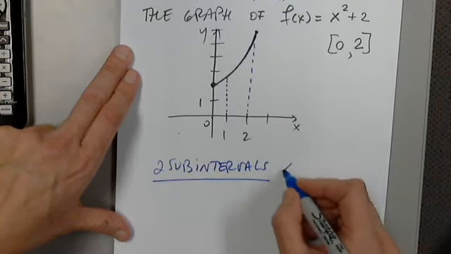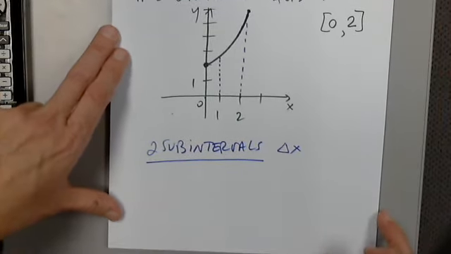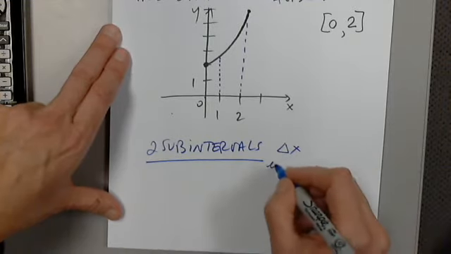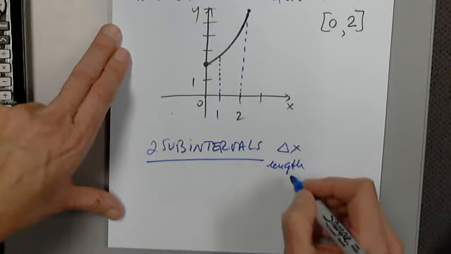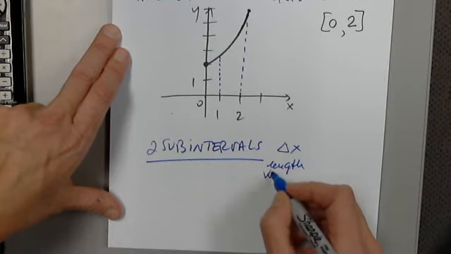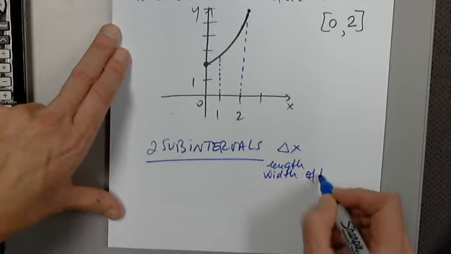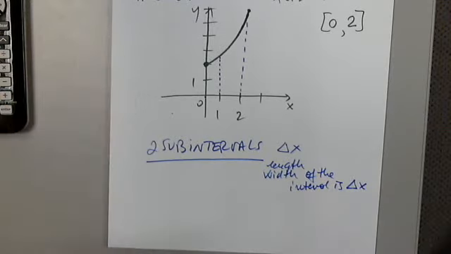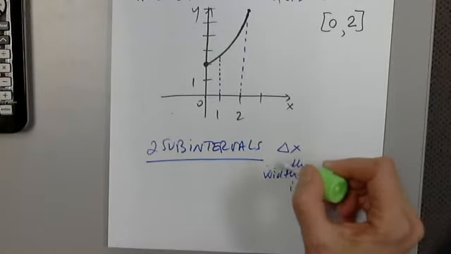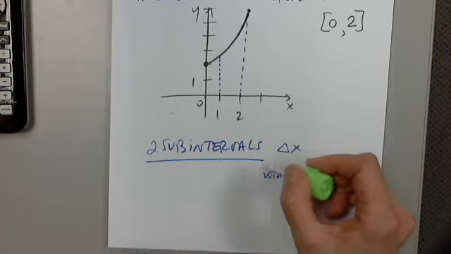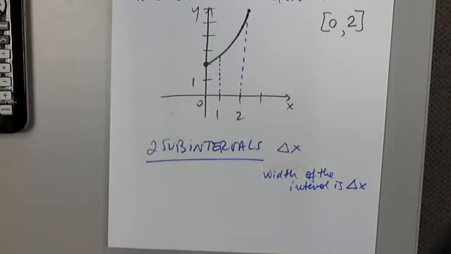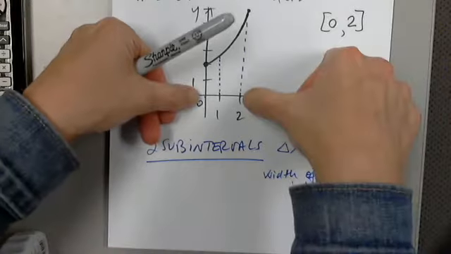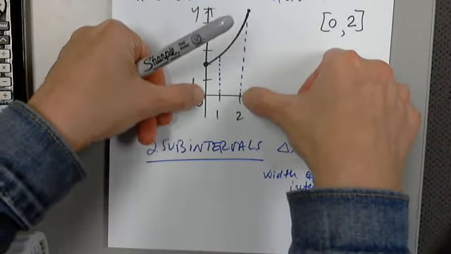The width of the interval will be denoted by delta x. Length, I'm sorry, I meant to write width. Width of the interval is delta x. How do I determine the width of the interval if I know that I have two subintervals and the length of the interval is 0 to 2?